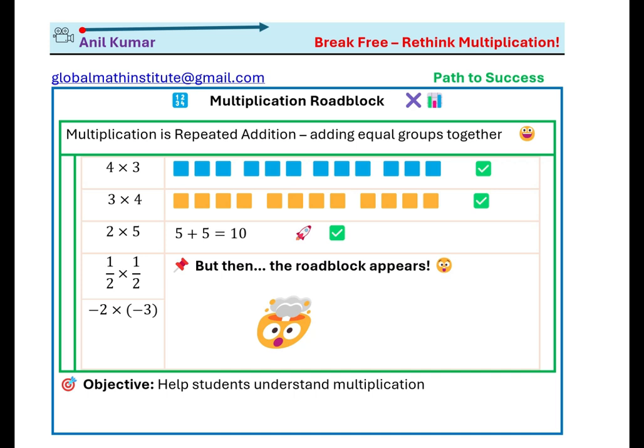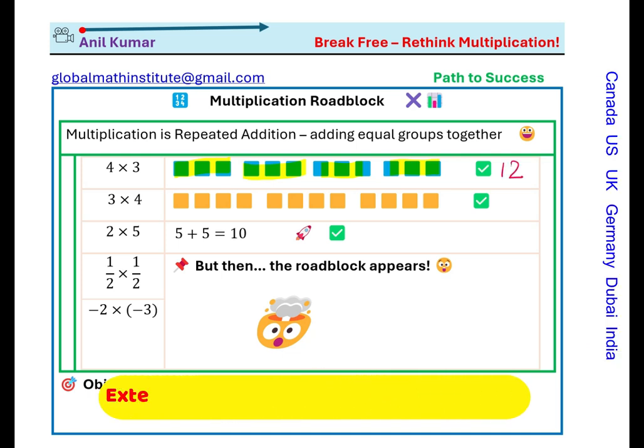It is the four groups with 3 each which are to be added and can be modeled as seen here with these blue squares. So, we have these four groups, 1, 2, 3, and 4, each having 3 squares in it, and it comes to be equal to 12. So, easily we can figure this out.